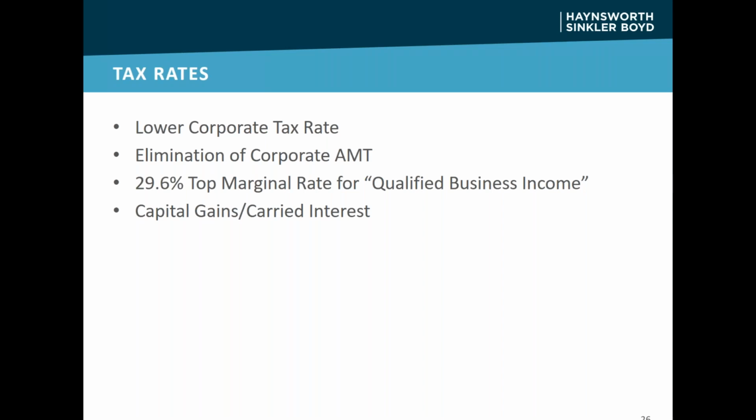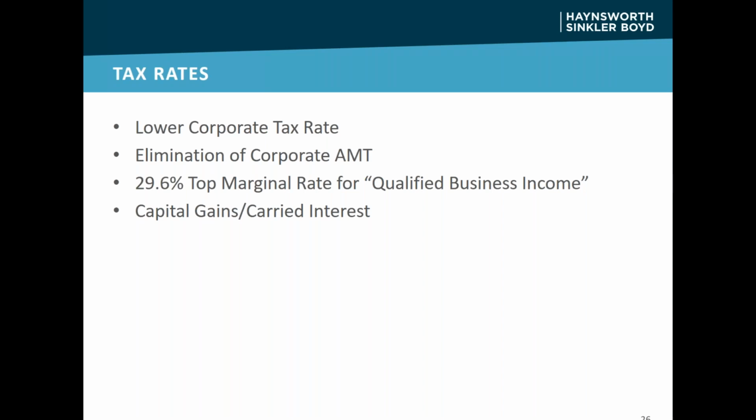This does require that the business income not be from a specified service trade or business, which are that laundry list of businesses in the fields of health, law, accounting, actuarial services, all those things where the trade or business kind of hinges on the reputation or skill of one or more of its employees.